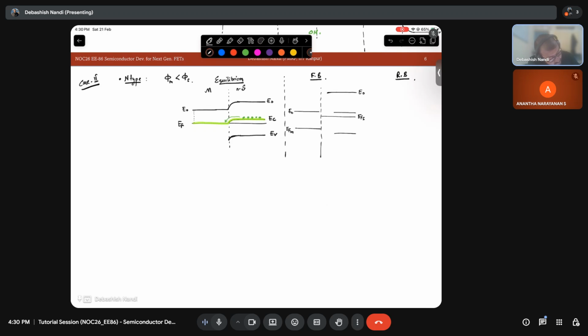So more band bending, this will be very much higher. So easy carrier flow, more easy carrier flow. Current can easily flow.